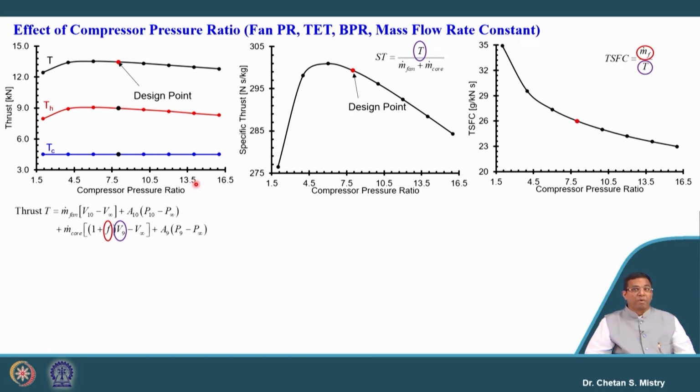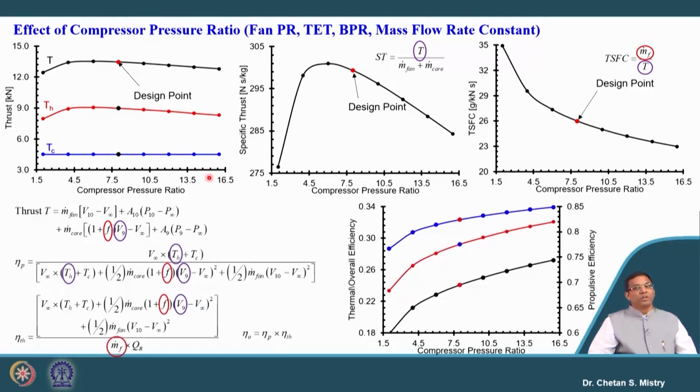So, you can say with increase of compressor pressure ratio, my specific fuel consumption is going to decrease. Now, this gives an indication that if we want to make a fuel efficient engine, we can go with increasing the fan pressure ratio, or maybe we need to go with an increase of compressor pressure ratio.